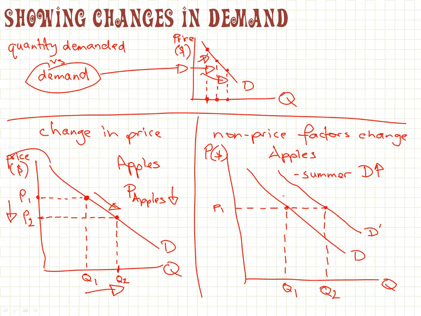There's no change in price, the whole demand curve has shifted to the right because demand has increased, and quantity demanded has also risen. So when we're doing a non-price factor, such as seasonal demand, we show it as a shift of the entire demand curve. Now, what I want to do now is actually summarize the various non-price factors.